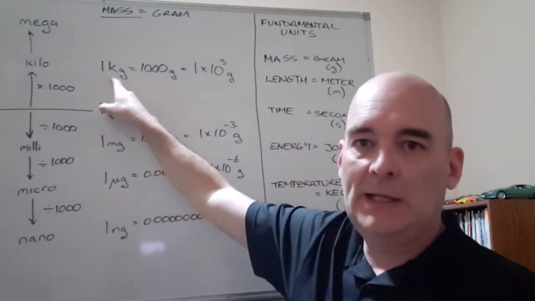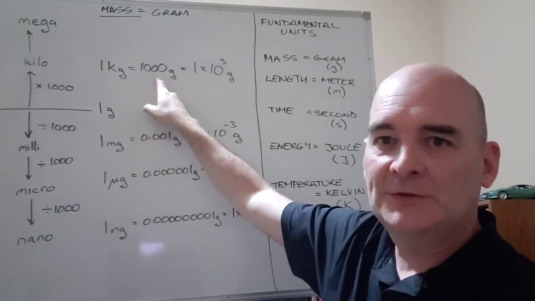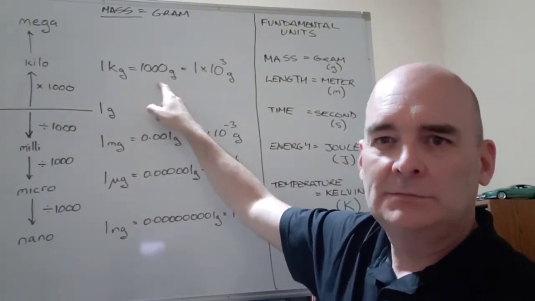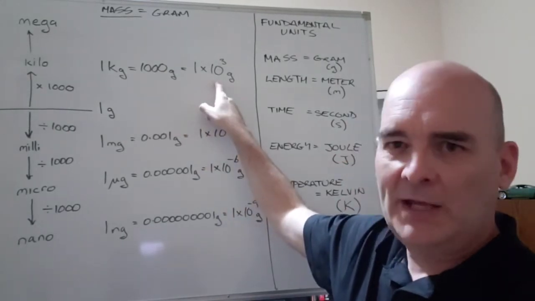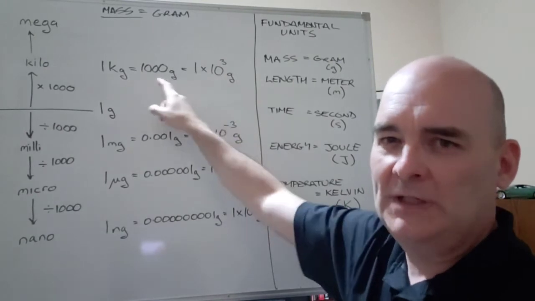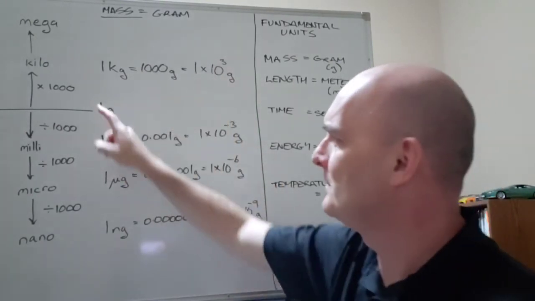I've just generated a kilogram. And a kilogram is 1,000 grams. And that number and this number, its scientific notation equivalent, don't really seem to be any different. We'll come back to that in a second.